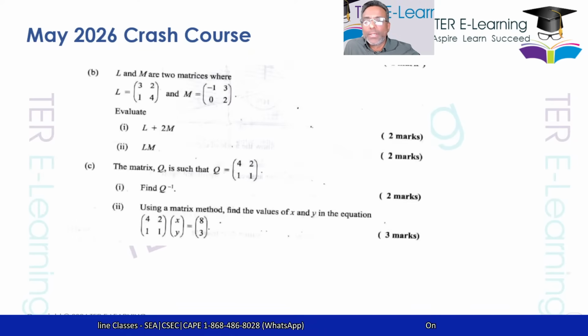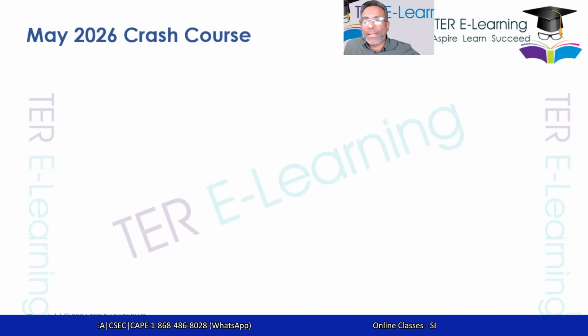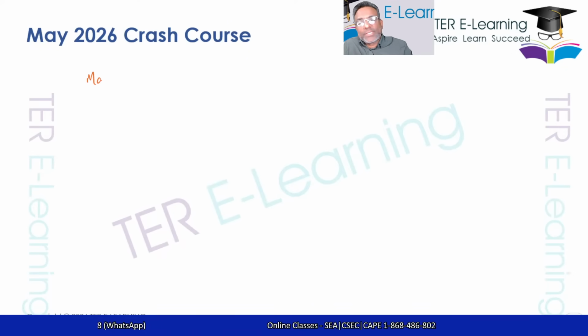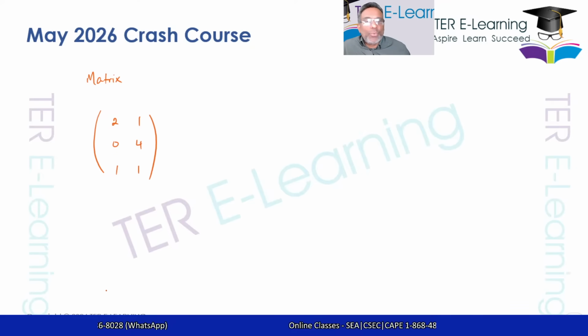So they can ask you the order of a matrix. If I have something like this, let's say 2, 1, 0, 4, 1, 1, and I were to ask you what the order of the matrix is. The order of a matrix is written as m by n.